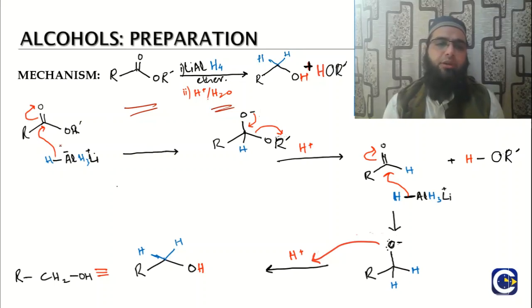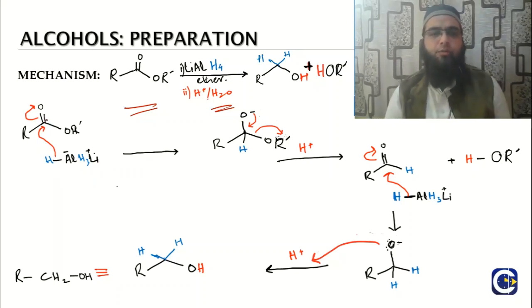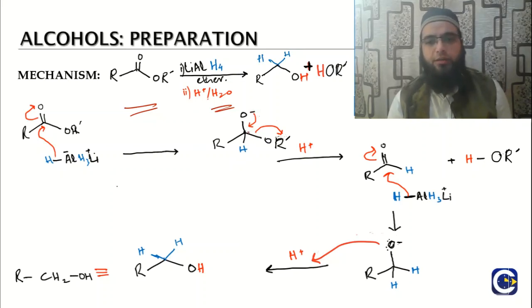In the first step there is the nucleophilic attack of hydride on the carbonyl carbon, the electrons from the pi bond shift towards the oxygen, and the alkoxide ion is formed. Again this is unstable, so the electron pair on the oxygen is going to form the double bond between the carbon and oxygen again, and in this step the OR group is going to leave, because it is a good leaving group.